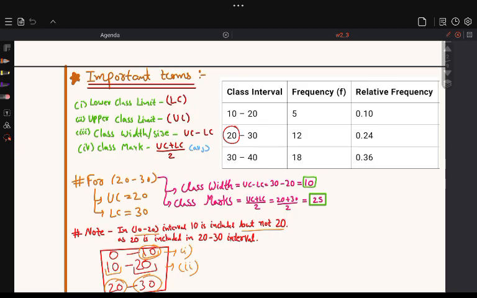In week 1 we saw that numerical data was further divided into discrete and continuous. For the continuous data set, as there are infinite elements, we divide the elements into various intervals. So the first interval is 10 to 20. For the second interval, 20 to 30, the lower class limit will be 20, and the upper class limit will be 30.